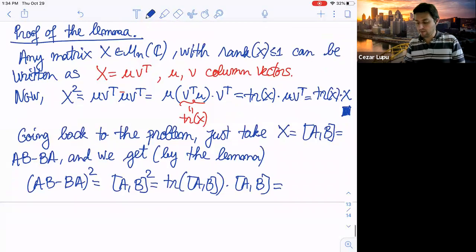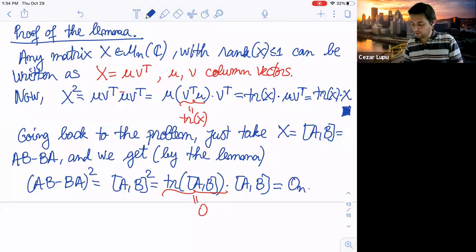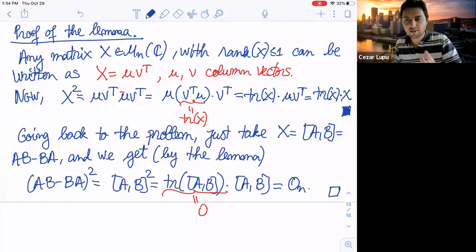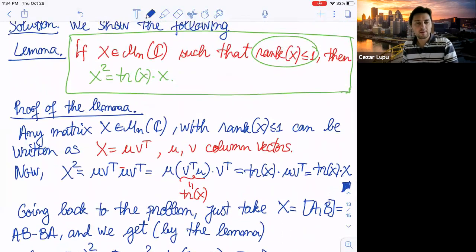But the trace of the bracket is 0. So this will give us nothing else than just the null matrix, and that's it. That's the problem. So the lemma basically just destroys the problem immediately. Is it clear for everybody, the problem and the lemma as well?